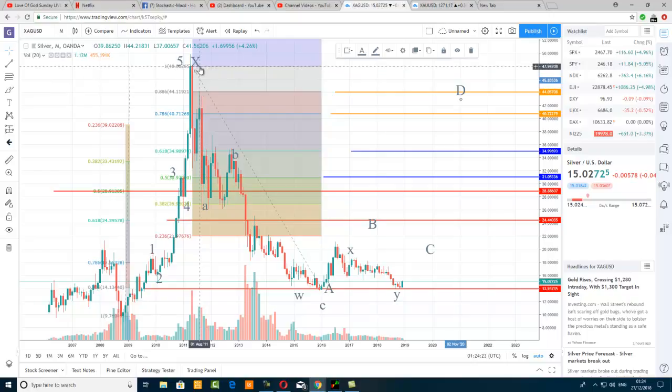That will be a potential reversal point for the butterfly pattern. And for the crab pattern, they will expect the price to go beyond this high here, where the point D will coincide with 161.8% Fibonacci extension level of AX.